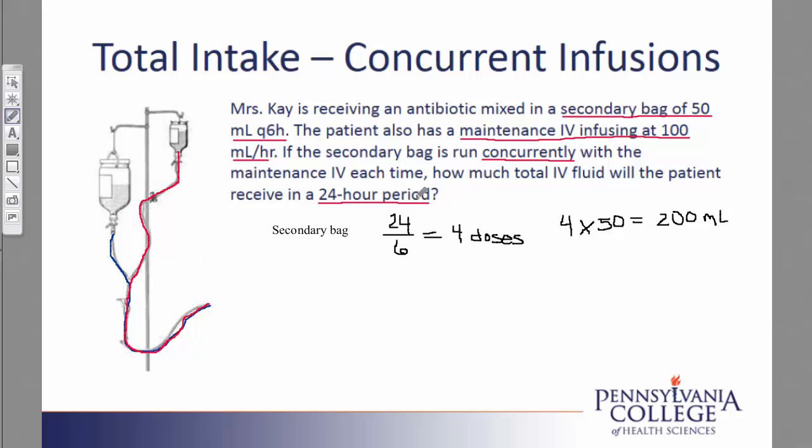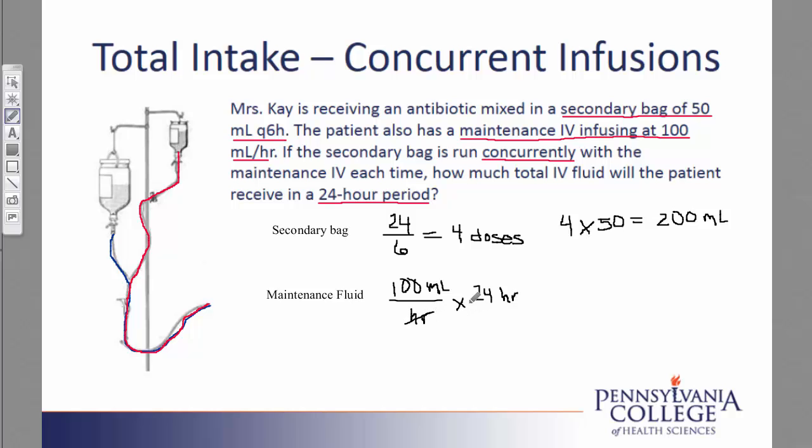Next, we'll take a look at the maintenance fluid. For the maintenance fluid, the IV is running 100 milliliters per hour for the entire 24 hours. So the patient is going to receive 100 milliliters each hour, and that will continue for a full 24 hours.